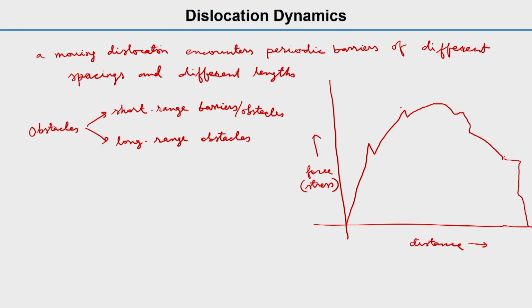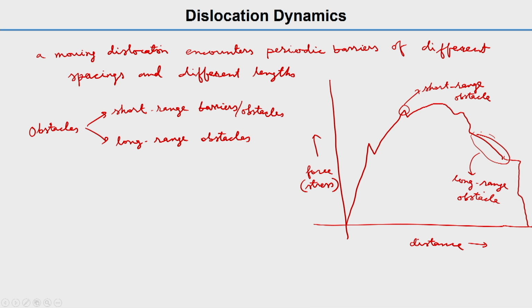So there can be a short range obstacle, and then a long range obstacle will look something like this. This portion is a long range obstacle.